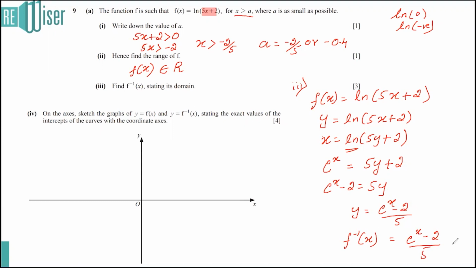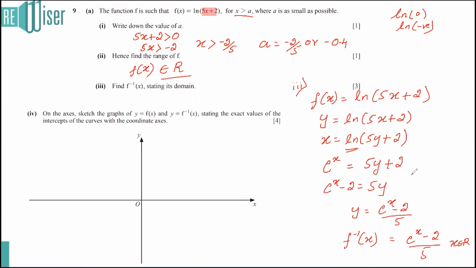Now for part 4, they are also asking us to state its domain. The domain of the inverse function would be the same as the range of the function. So the domain would be all real numbers. Now the marks distribution for this sum goes like this.